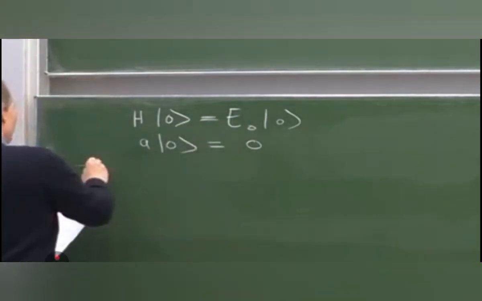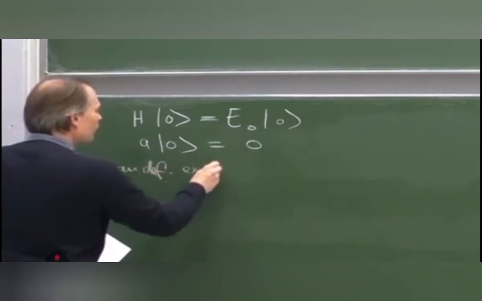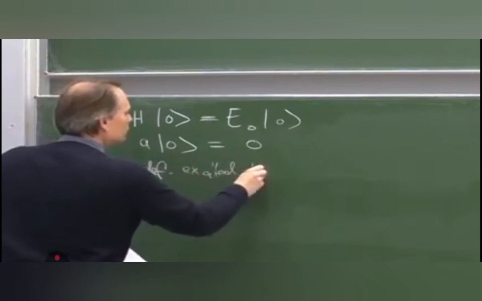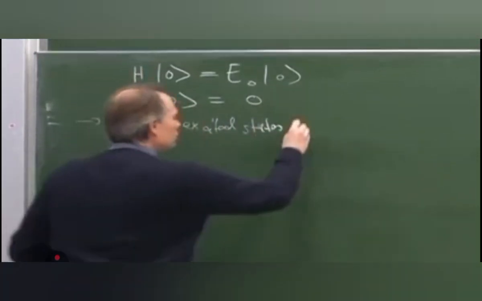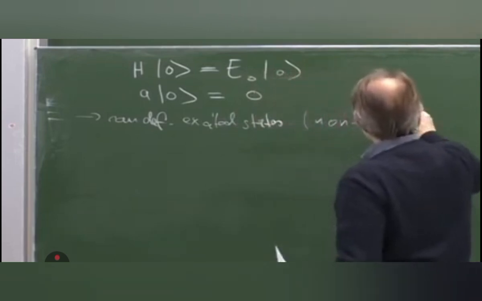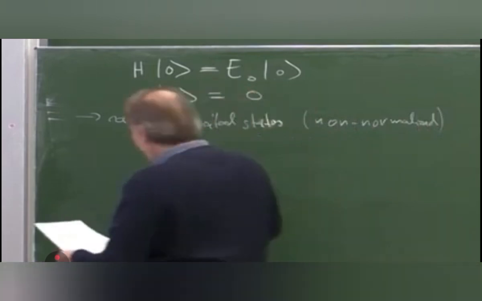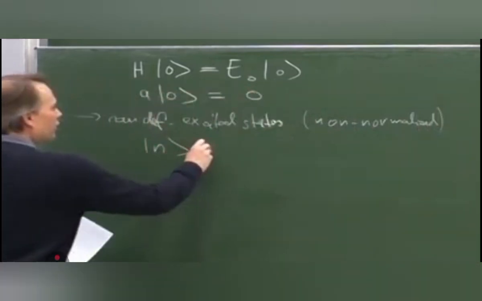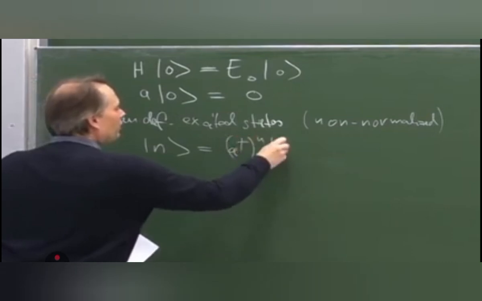So then we can define excited states by acting with A dagger. We don't care about normalization here, just to be clear. They are not normalized states, but we can simply define states n by A dagger to the power n acting on the vacuum state.